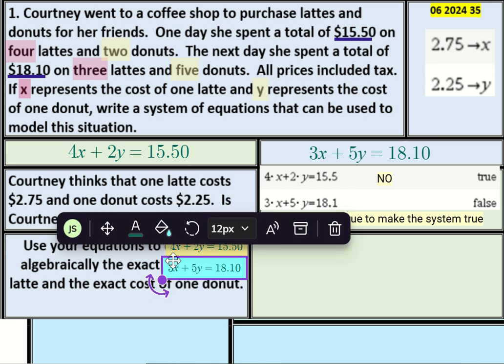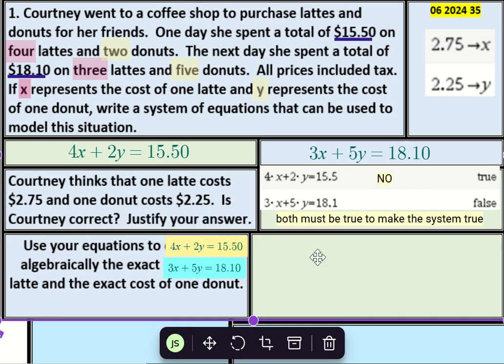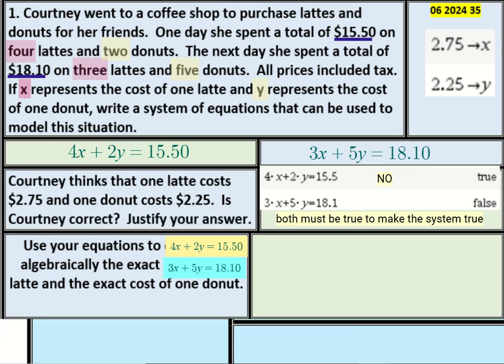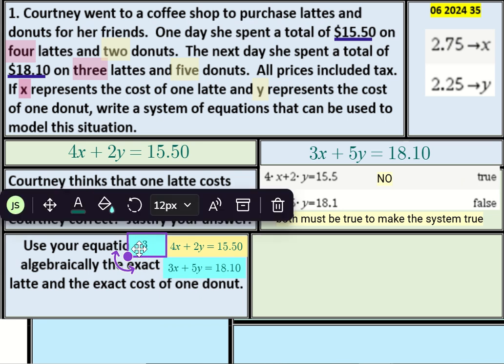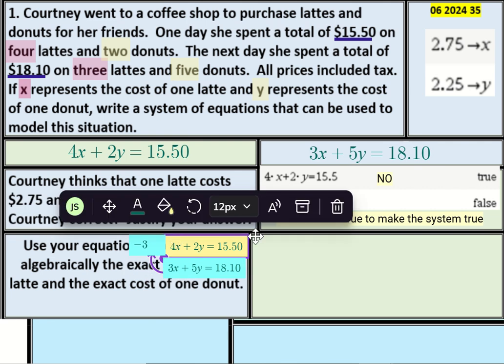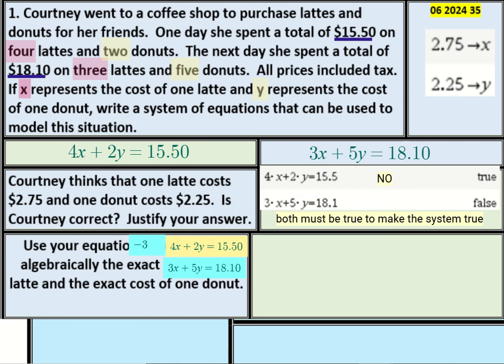If I multiply the 3 by the 4, I get 12. So that's what I'm thinking is, let's get rid of an x. But the problem is, if I get them both to 12, they don't go away. So I'm negating this 3 so that the 12 and negative 12 will be opposites. That's how I eliminate one of my variables.